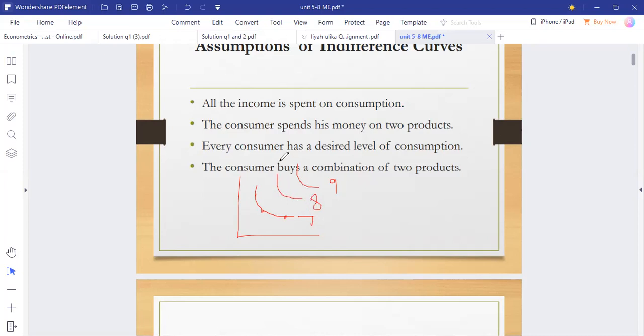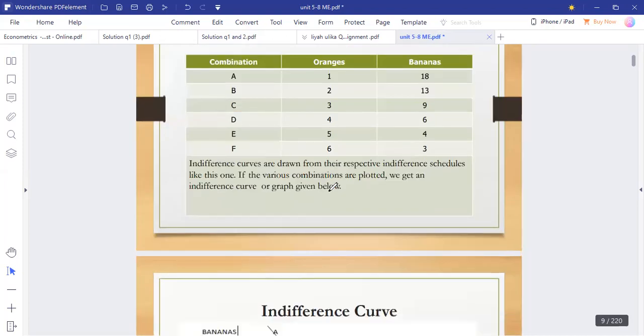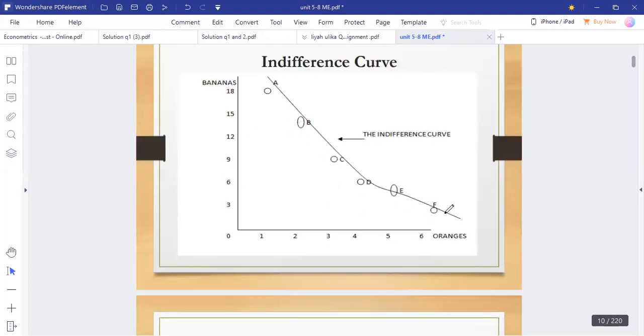This is another line joining points of both y and x that offers the same satisfaction along this whole line. So this line is called an indifference curve. So these are the points that are optimal. We have bananas and we have oranges.